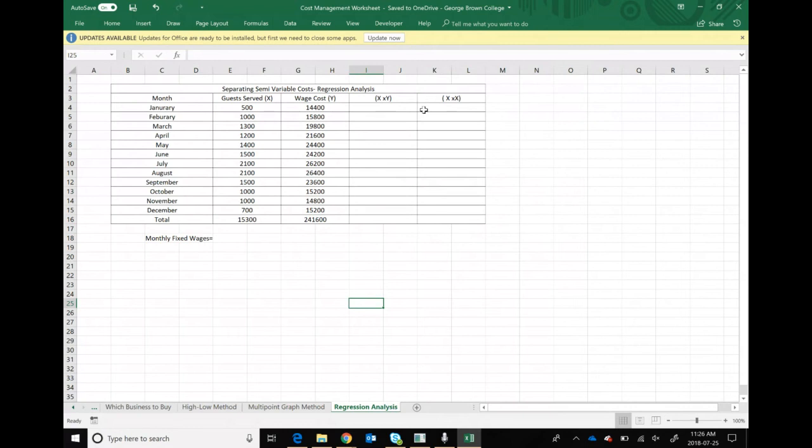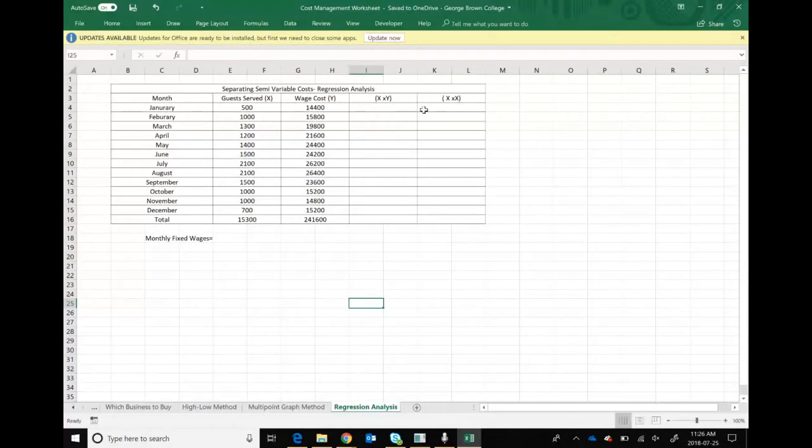Your fixed costs are equal to the sum of y multiplied by the sum of x squared minus the sum of x multiplied by the sum of xy, divided by n, being the time periods, multiplied by the sum of x squared minus the sum of x, squared. And of course that sigma symbol equals sum or total. So that was super crazy. I'm going to break it down so it's not so crazy.